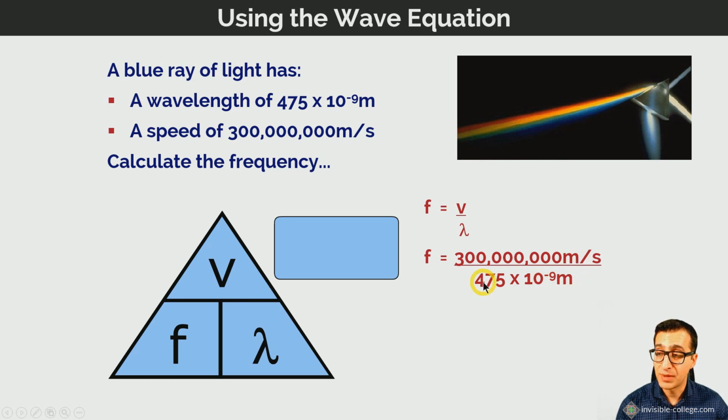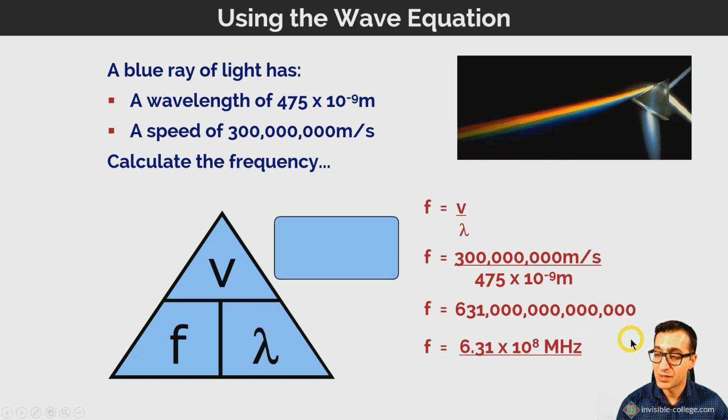If this was in nanometers, and you put 475 nanometers and just put 475 down here, you're obviously not going to get the correct result for the frequency. So when we evaluate it, this gives us a frequency of 631 million billion hertz, or waves per second. Or more simply, we can write this as 631 times 10 to the 8th megahertz.